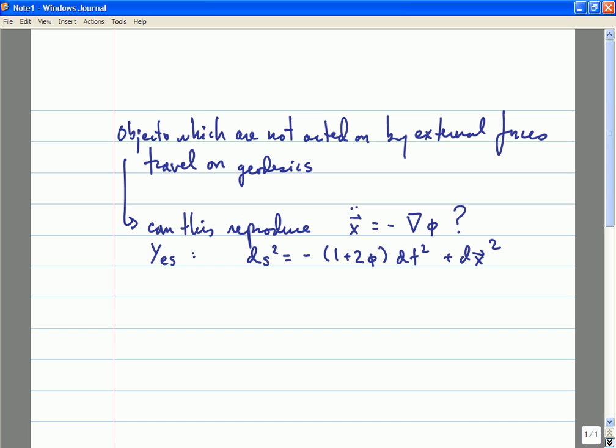Newton's law, F equals ma, where F is the gravitational force, can just be interpreted as coming from the geodesic equation in curved spacetime, at least for objects that are moving very slowly, and for gravitational fields that are independent of time and that are relatively weak, in a sense which we'll make precise later on in this course.